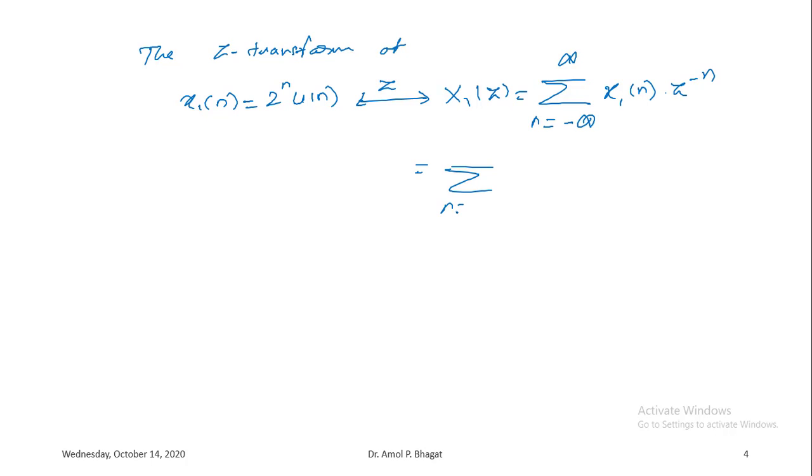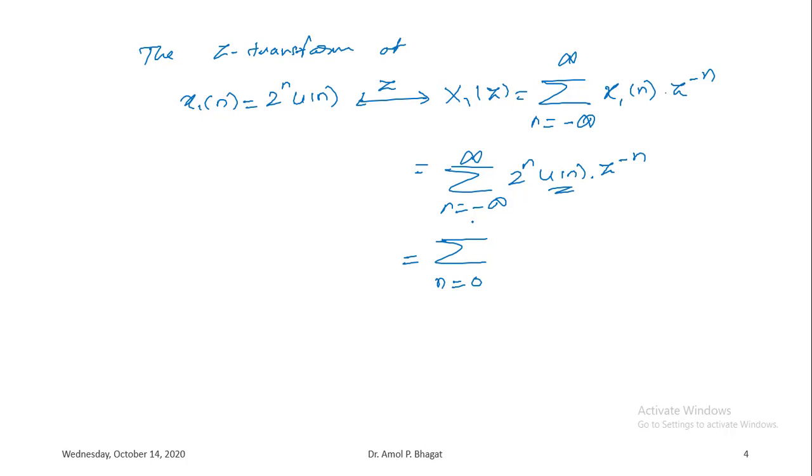If I substitute the value of x1 of n, which is 2 raised to power n into u of n, into z to the power minus n, it stays as it is. But we know that u of n is the unit step sequence, so it will be 0 for negative values of n, so you can eliminate negative values of n. Instead of minus infinity to infinity, it will start from n greater than or equal to 0, where u of n is 1.